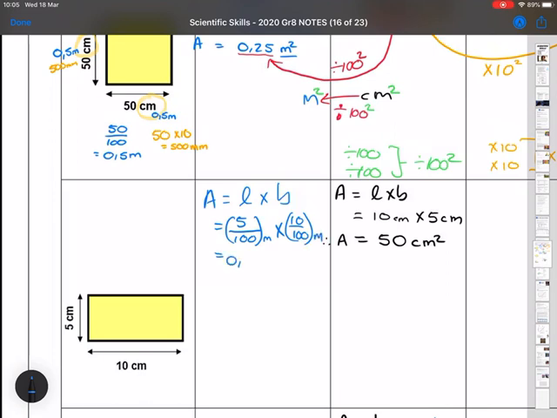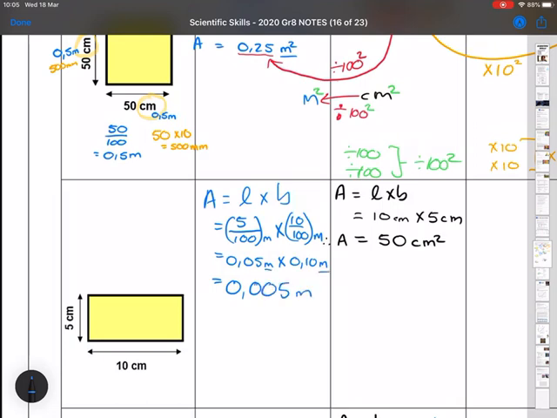5 divided by 100 is 0,05 meters, and 10 divided by 100 is 0,1 meters, and 0,05 times 0,1 should have given you an answer of 0,005.